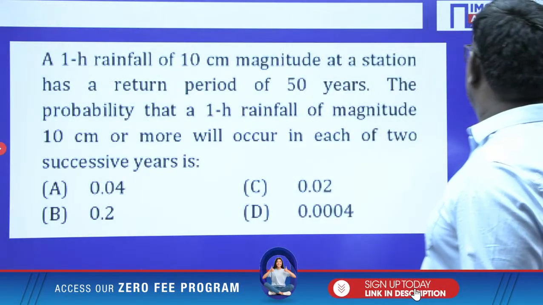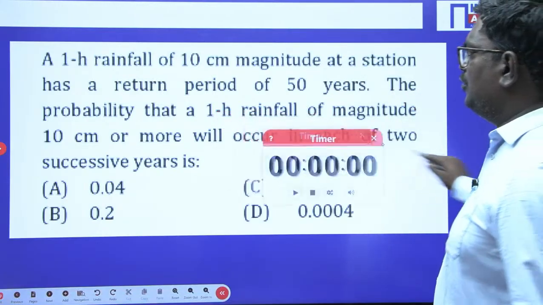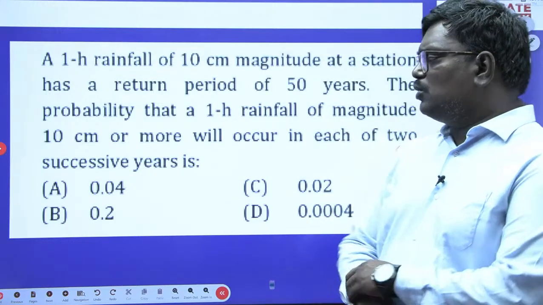Now please solve this question, students. It is a very good question. Try to solve this question. Okay. I'll give you 2 minutes of time. See, my dear students, whenever you read the question, read it very carefully.